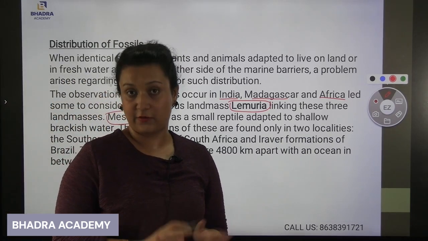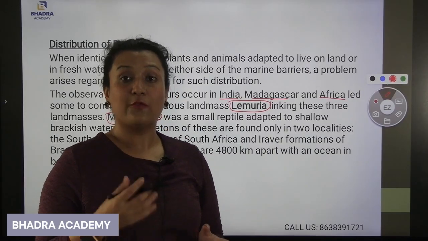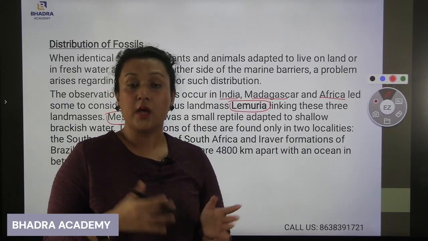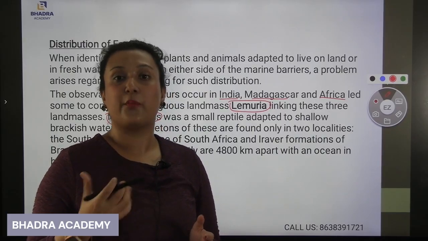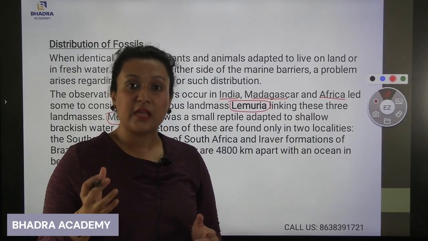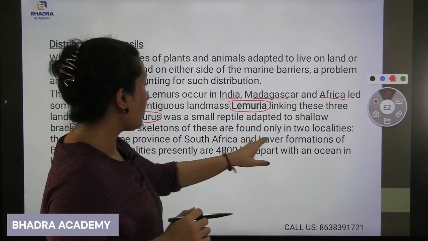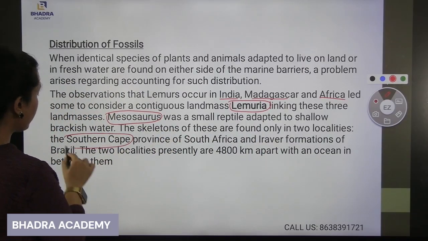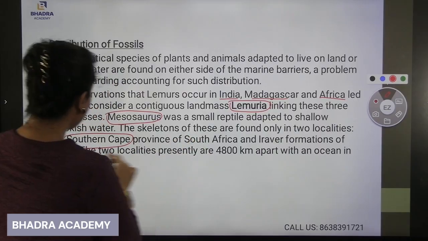Mesosaurus was alive during the Jurassic period, and when its skeletons were found, it was said that Mesosaurus mostly survived in brackish water, which means salt water. But most of the skeletons were found in parts of the southern Cape, and also in parts of Brazil.